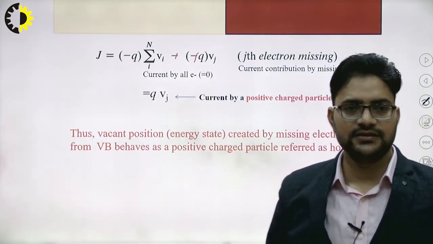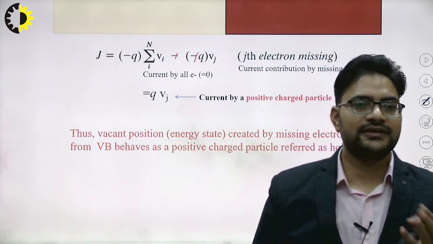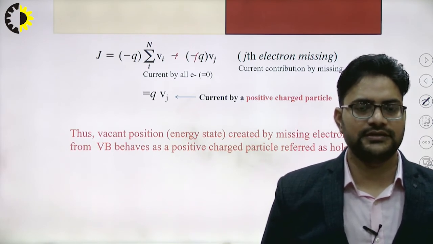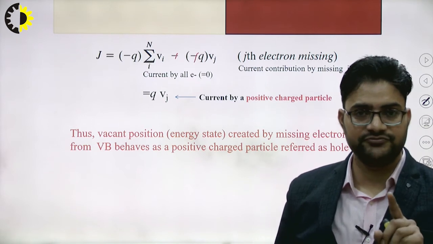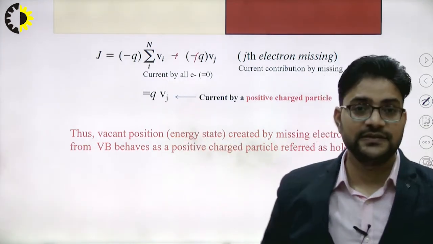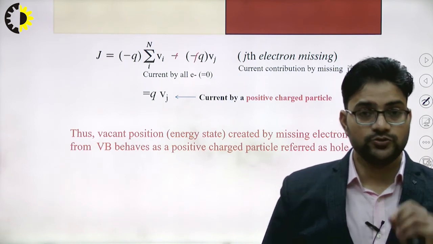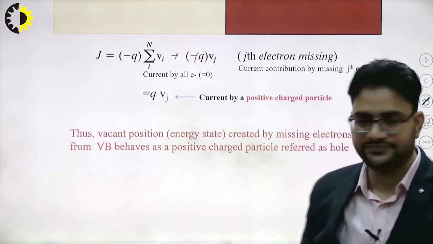This is actually the current due to a positively charged particle, and this was the current due to the missing electron, right. So what conclusion can we draw from this discussion?